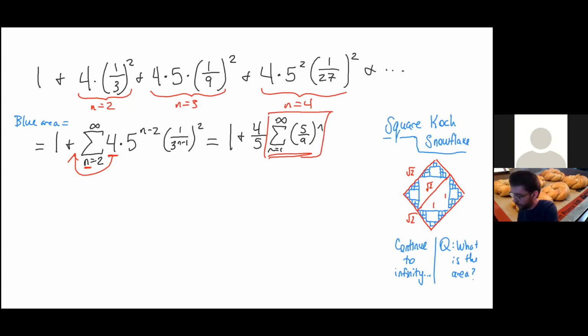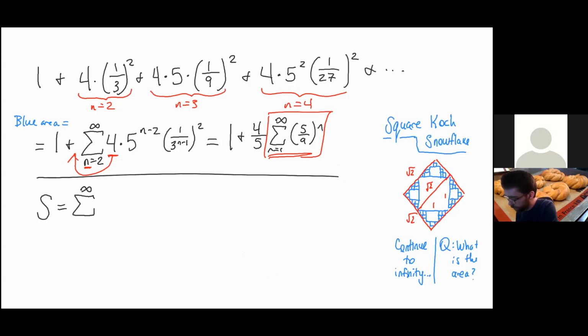Okay. So the sum, I'm going to call it S just to give it a name. So S is the sum from n equals 1 to infinity of 5/9 to the nth power. And like I was saying out loud, we could write that out. I could say, okay, for the n equals 1 term, I get 5 over 9 to the 1, so just 5/9.